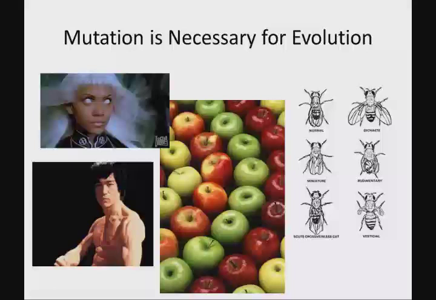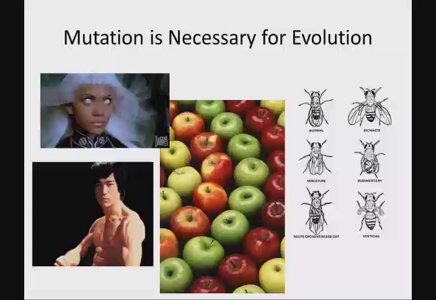So the different kinds of apples that you eat, the different kind of flies that are out there, the different people, the fact that you have different combinations of genes as a result of sexual reproduction, but the fact that there are different genes that can be mixed up and combined, all those different genes are actually the result of original mutation. Okay? And we'll talk about this more as we get more into genetics. But again, that idea that mutation is a change in the DNA sequence is really, really important to understand.